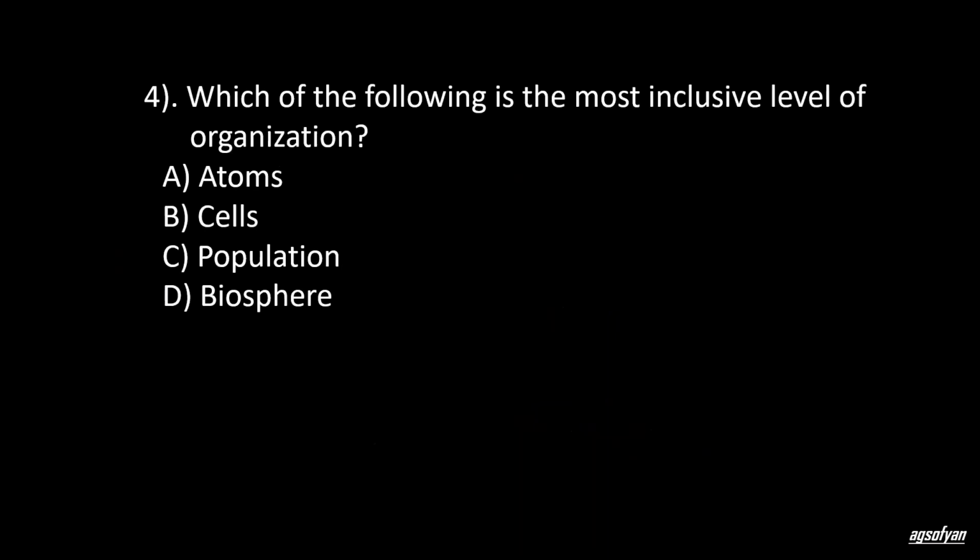Which of the following is the most inclusive level of organization? Atoms, cell, populations, or biosphere? Okay, from the organization, we start from the smallest one, the most exclusive one, which is atoms. Atoms will form molecule, and molecule become cell.